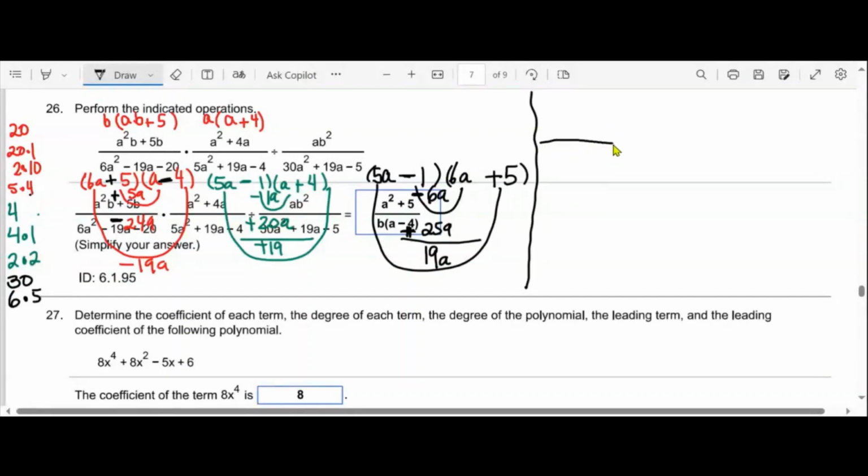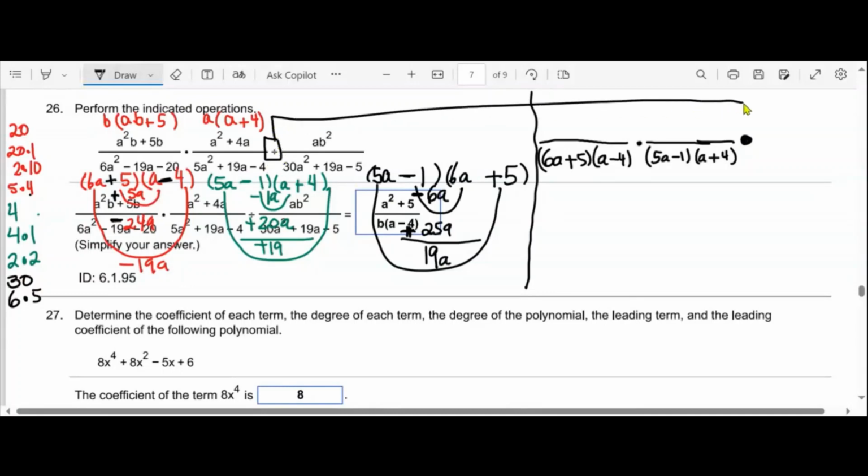Yeah. So now I have 6a plus 5, a minus 4, times 5a minus 1, a plus 4. And remember here, I'm going to flip it. This division, I'm going to do what?